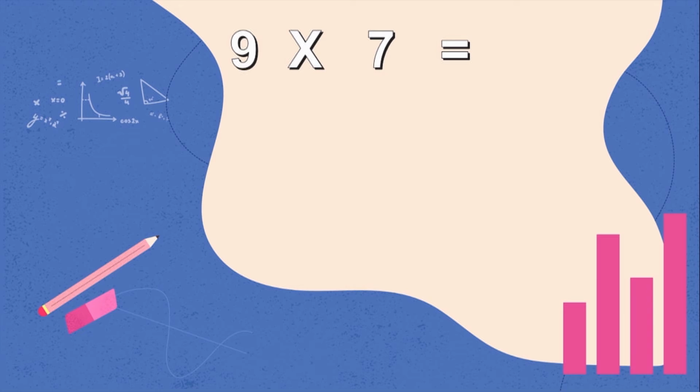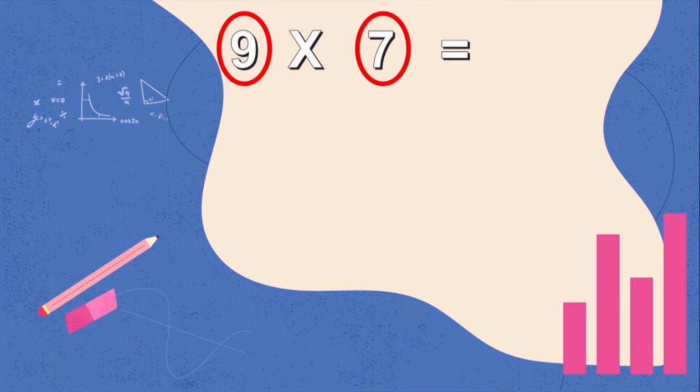Let's look at another example. We have 9 times 7. Now let's say you didn't know your 9 times tables. How could we make the number 9? What different combinations of numbers can we use?